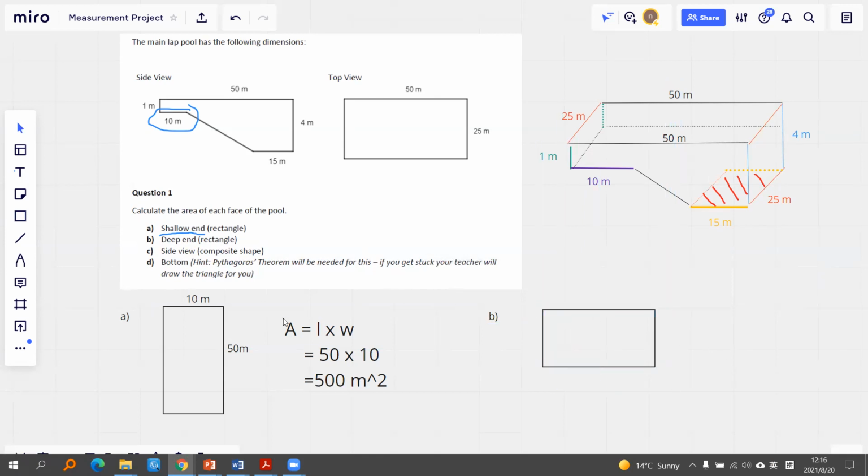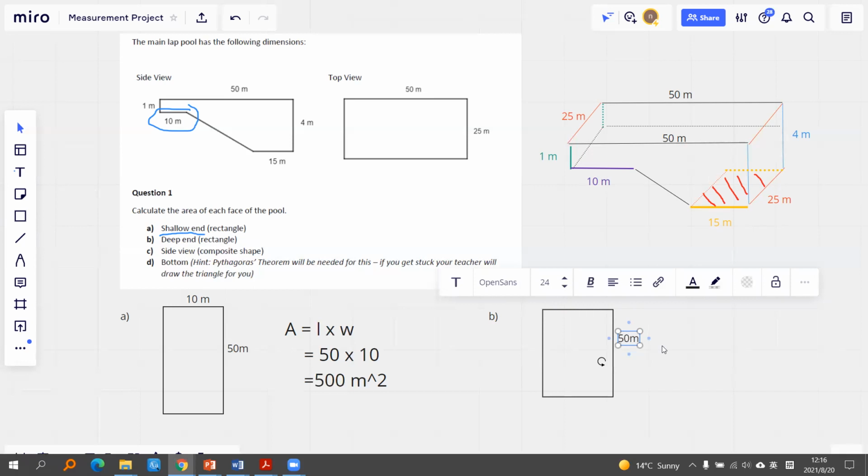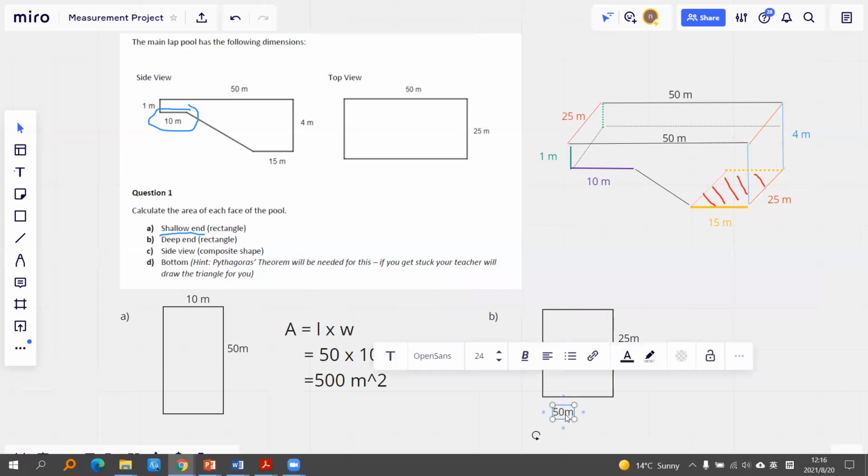So we have one side as 25. Mix this one like this. So this side will be 25. And we also have one side as 10. Oh, sorry, this side will be 50.